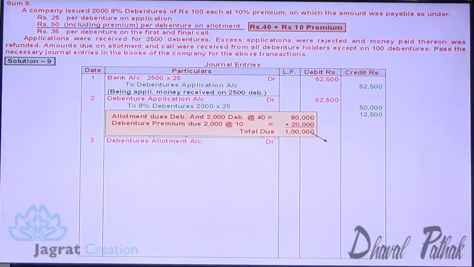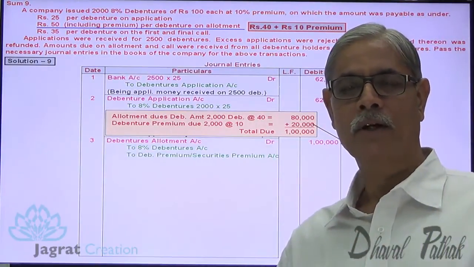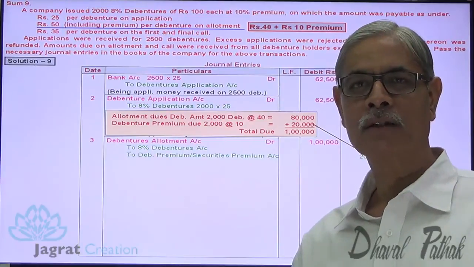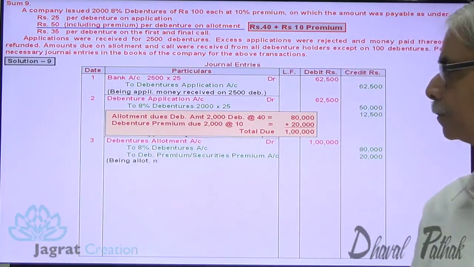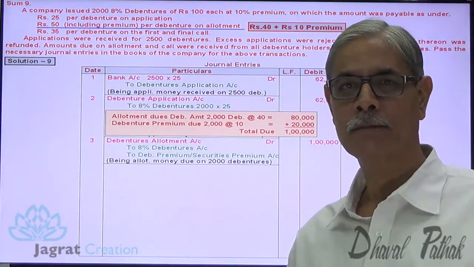So the amount demanded is debited to debenture allotment account, to 8% debentures account credit 80,000, to debenture premium or security premium account credit 20,000. This is how the entry gets recorded for amount demanded on allotted debentures. Being allotment money due on 2,000 debentures.